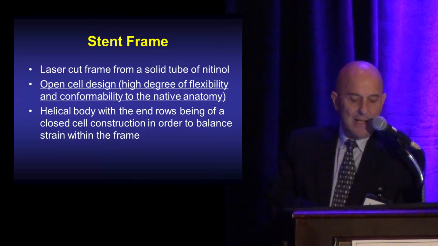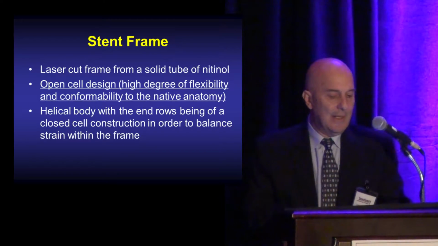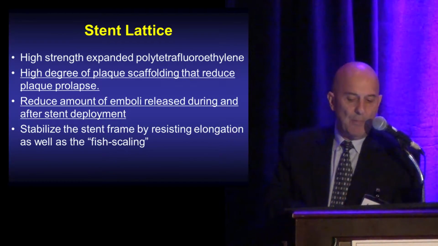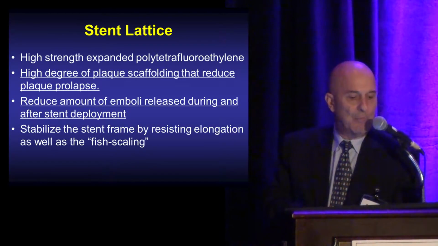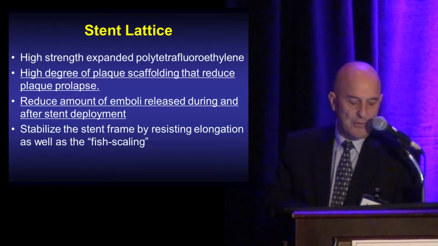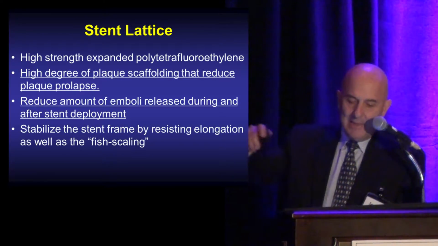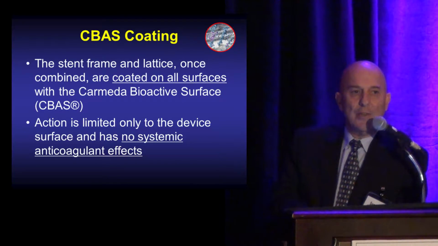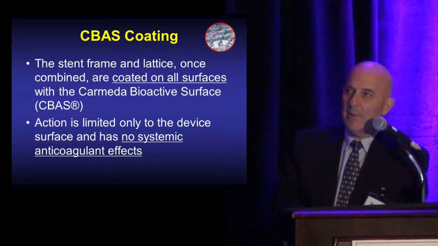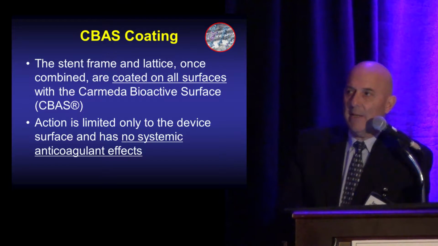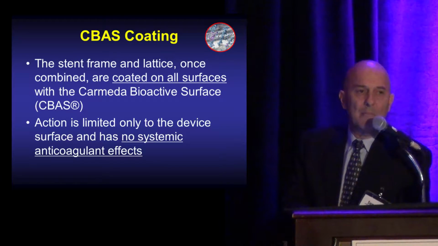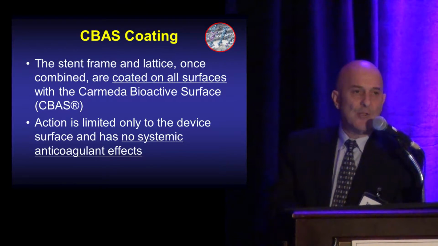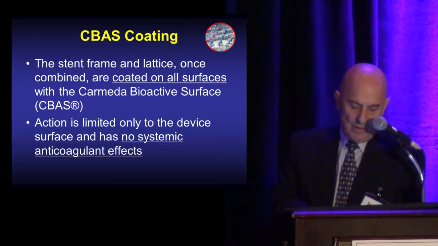Again, the stent itself is open cell, it conforms well to the native anatomy, and the lattice brings a high degree of plaque scaffolding that reduces plaque prolapse or plaque protrusion.